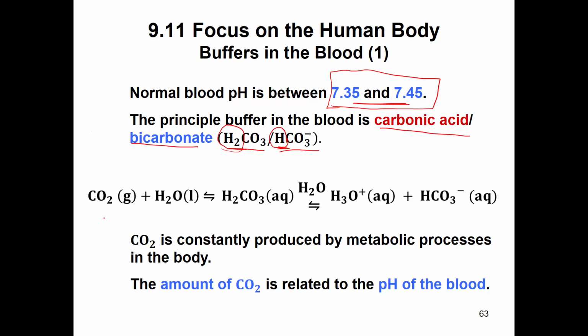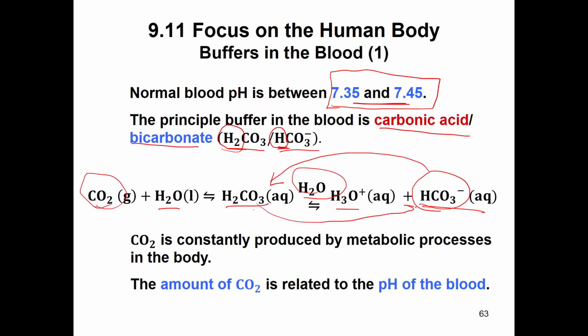You lost a proton from the carbonic acid, so bicarbonate is its conjugate base because it's missing one of the hydrogens. In metabolic processes, carbon dioxide is given off by cells, which adds to water in the body and forms carbonic acid. The carbonic acid can then react with water and form hydronium ions and the bicarbonate ion. So bicarbonate can reform carbonic acid, carbonic acid can form bicarbonate, and you can even go back further to CO2.